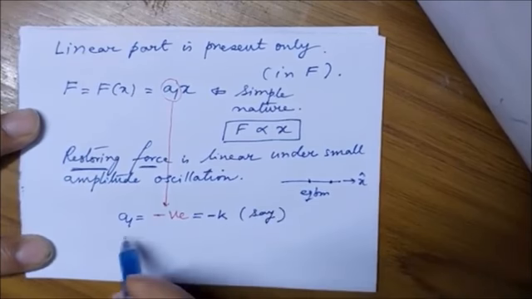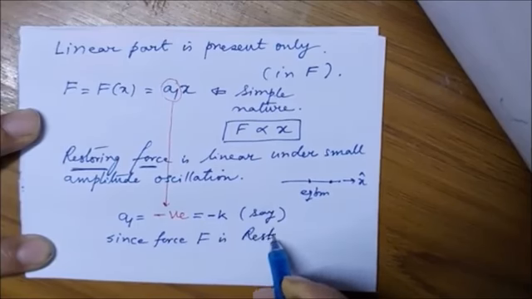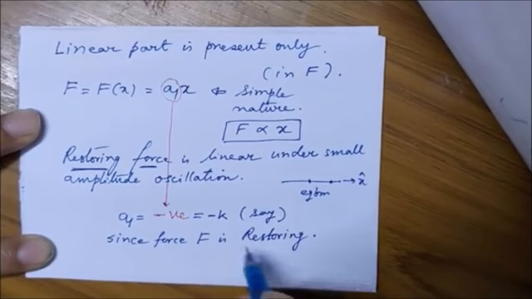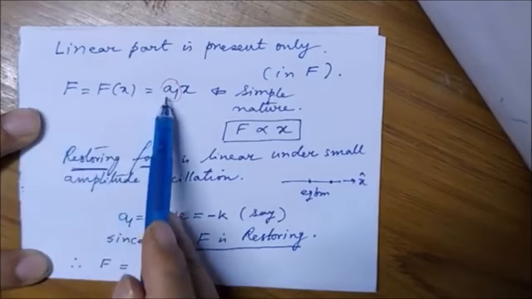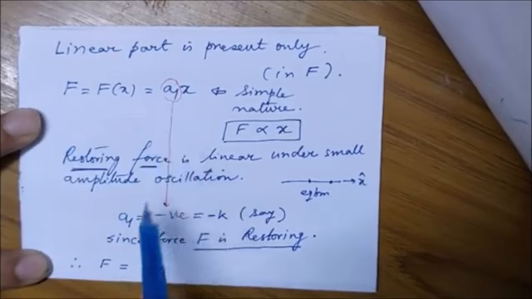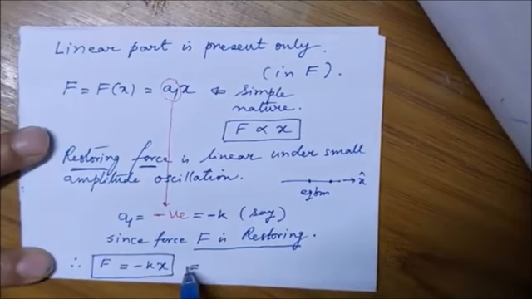Because the force F is restoring, we therefore get the final form of the restoring force, and it is F equal to minus K for A1, so it will be minus Kx. So this is the form of the restoring force, and therefore it is called linear because F is proportional to x to the power 1.